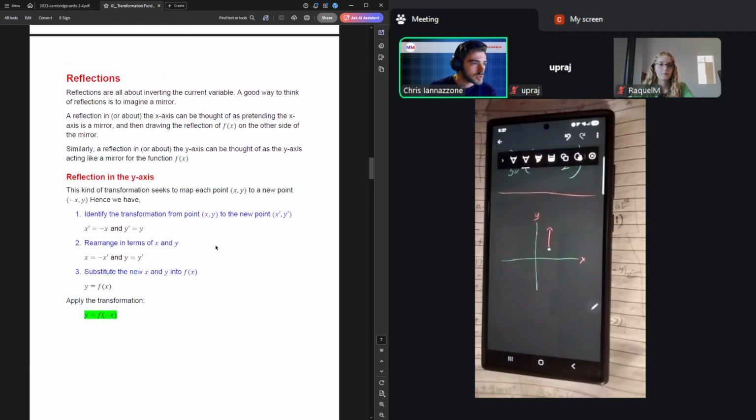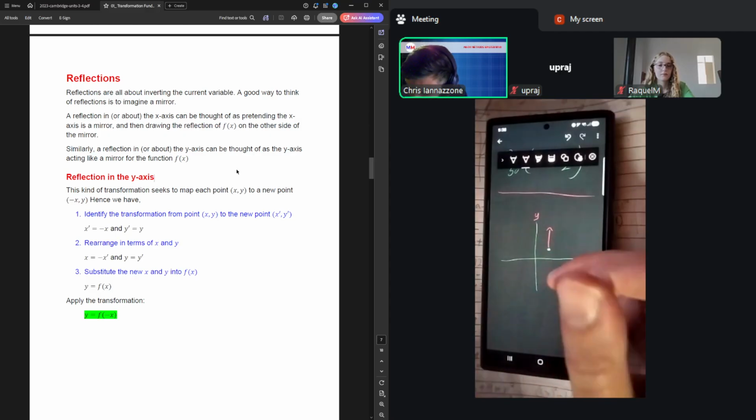Cool. Reflections. So reflections are always just the application of a negative sign, either on the x variable or on the y variable, depending on which reflection you have. Reflection in the y-axis or in the x-axis would be the key terminology you're using there. The way to think about the axis you're mentioning is as if that axis is acting like a mirror.